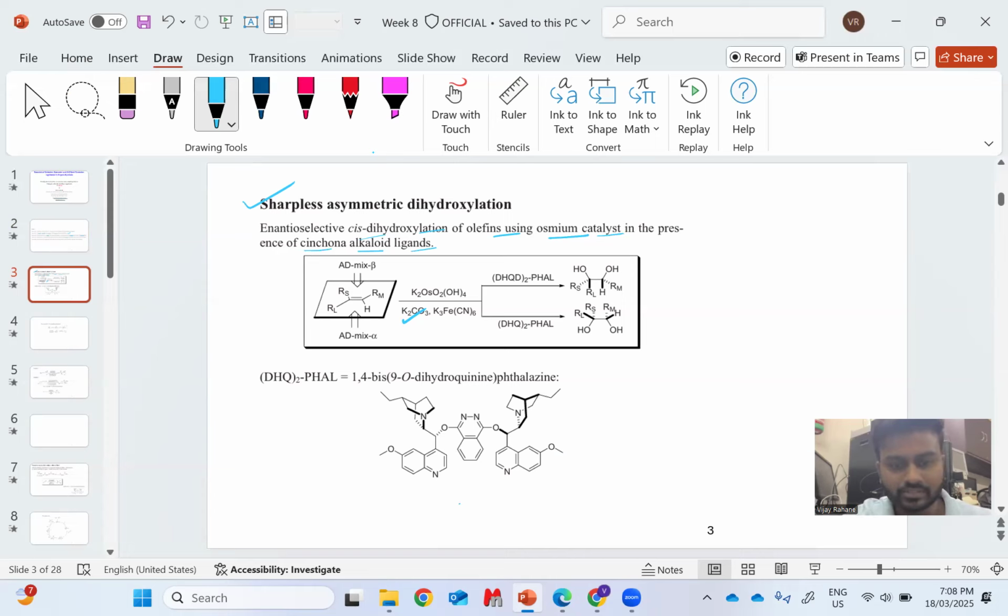I have given the structure of this DHQ-PHAL, a 1,4-bis(9-O-dihydroquinine)phthalazine. This is the ligand which drives the asymmetric dihydroxylation of the olefin.